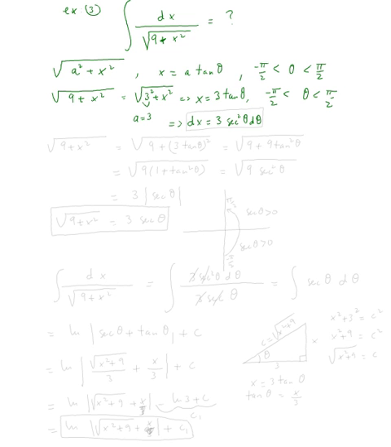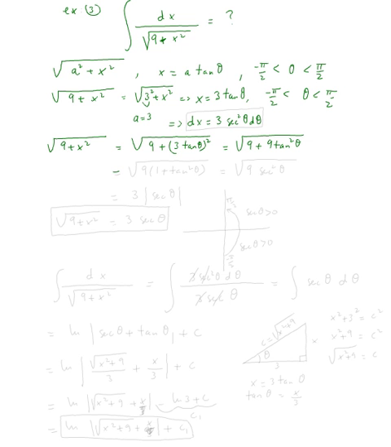times the derivative of tangent, which is secant squared theta d theta. And now we have to do square root of 9 plus x squared, which is equal to square root of 9 plus, x is 3 tangent theta, so if you square it, you get 3 tangent theta squared, which is square root of 9 plus 9 tangent squared theta.